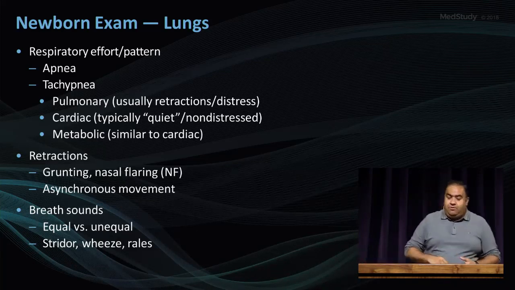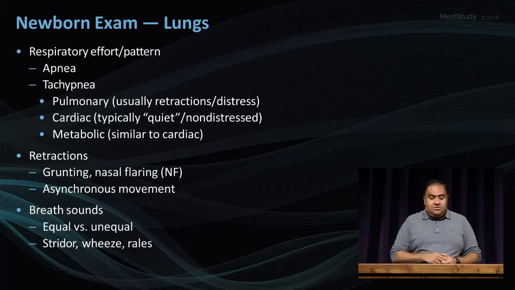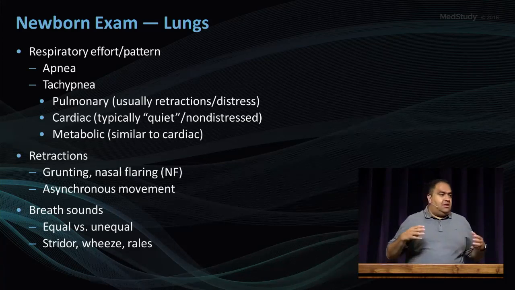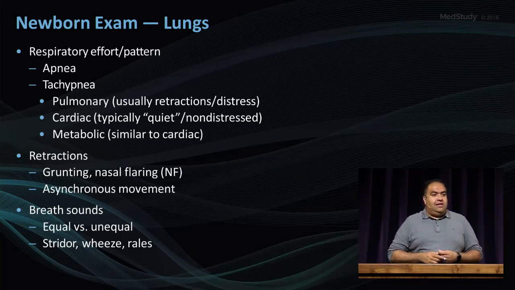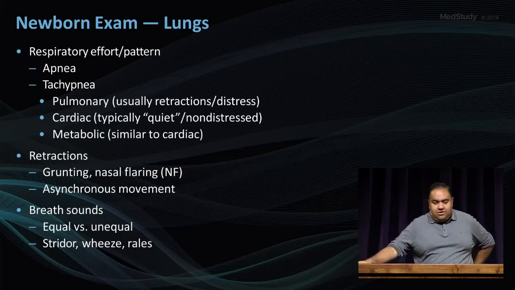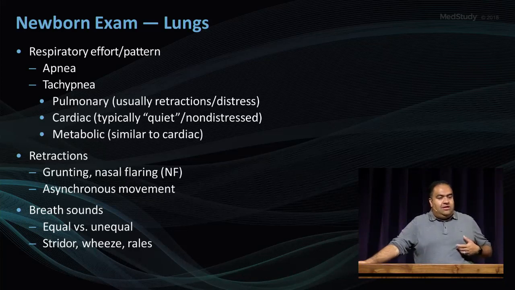So tachypnea can be pulmonary induced, cardiac induced, or metabolic. The pulmonary causes are if there's extra fluid in the lungs, or if there's surfactant deficiency, and they're in distress. Cardiac, a lot of times, is if their heart is not pumping adequately and the blood flow is not getting to the lungs adequately, they're in failure, and metabolic is more similar to the cardiac. If they're retracting, you can have subcostal retractions, you can have intercostal retractions bilaterally, and you can have suprasternal retractions.